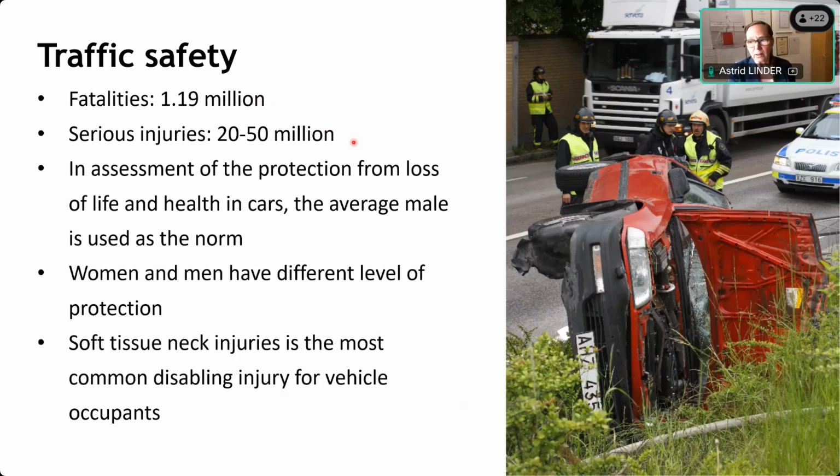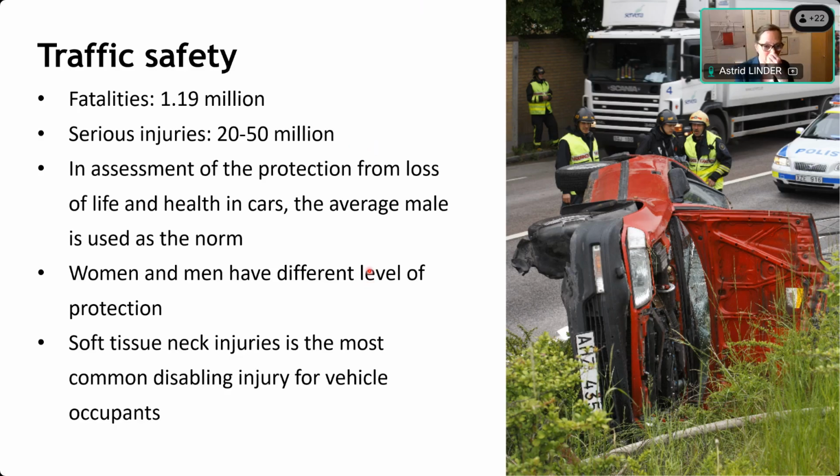It's actually the main cause of death for young people, 12 to 30, something in that range, where this is the most common way of losing their lives. So it's important for us all.